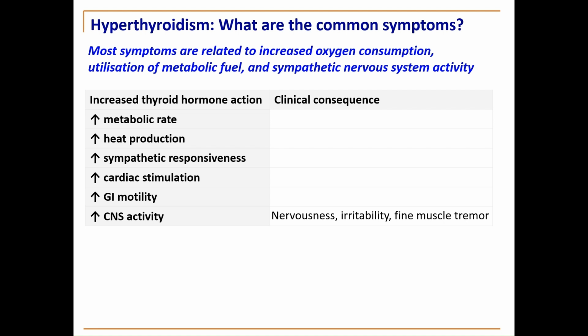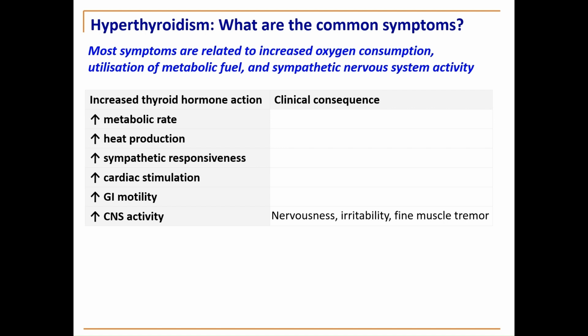So we're moving away from hypothyroidism. Most of the symptoms of hyperthyroidism are related to increased oxygen consumption, utilization of the metabolic fuels that we've just talked about, carbs, fats, and proteins, and sympathetic nervous system activity. So just like what we've just covered for hypothyroidism, I want you to think about what the clinical consequence might be of changes.